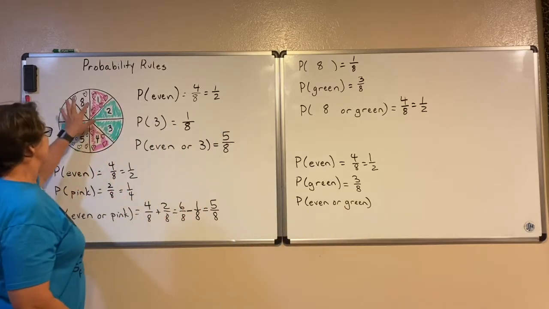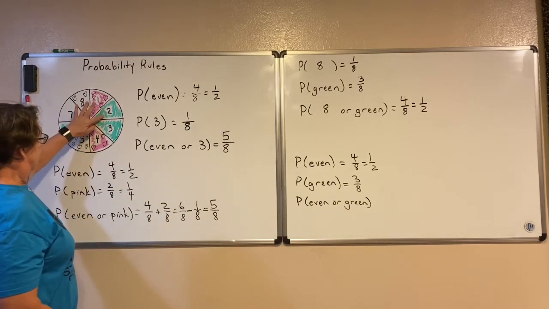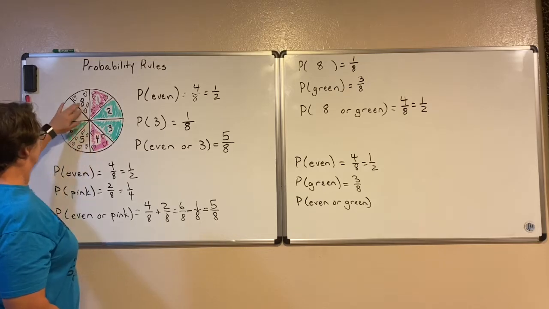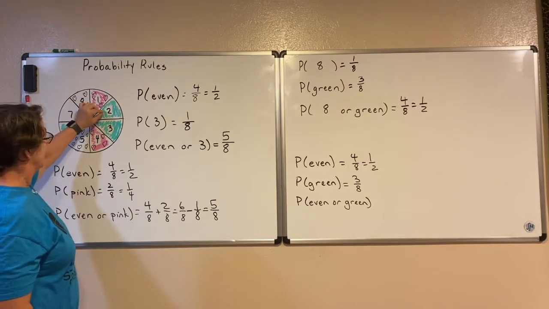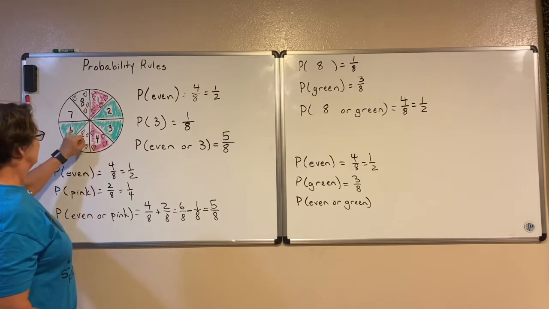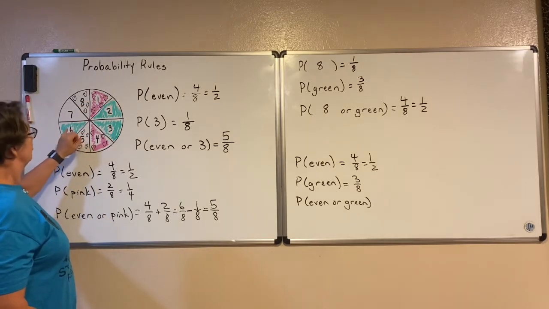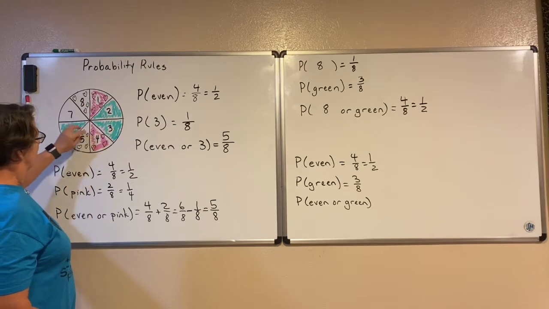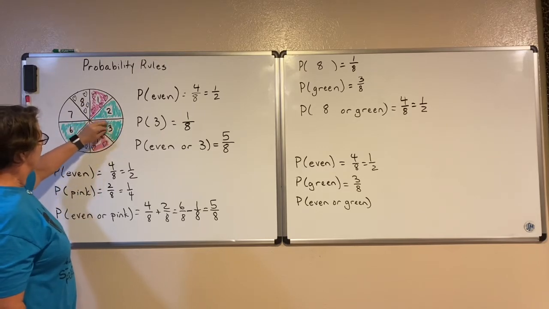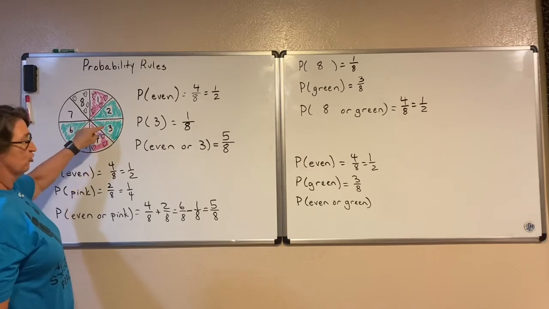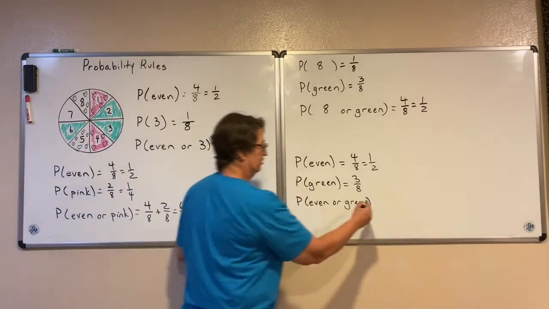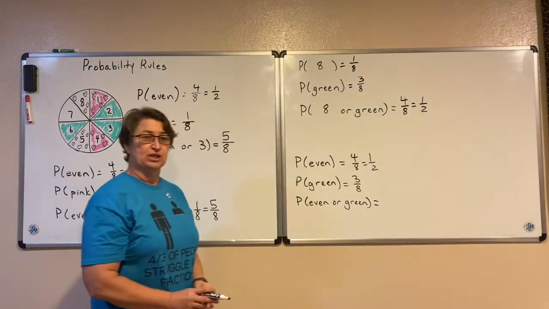Well, an even would be the 2, the 4, the 6, or the 8, but that 2 is also green, and so is the 6. So in this case, I'm only going to add one more to those evens. There's one additional green guy. So they are not mutually exclusive.